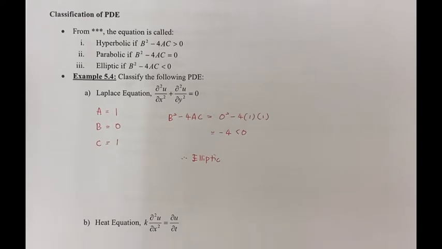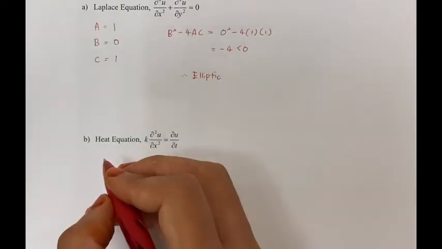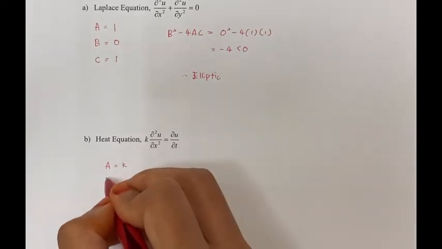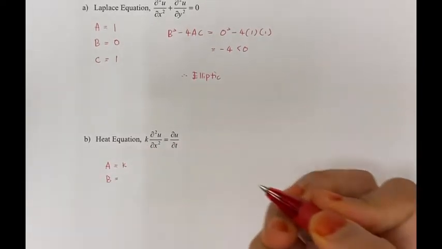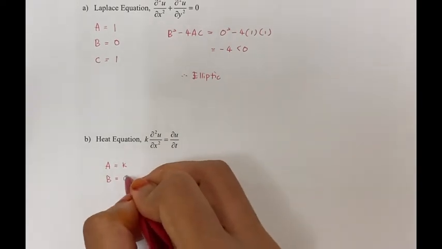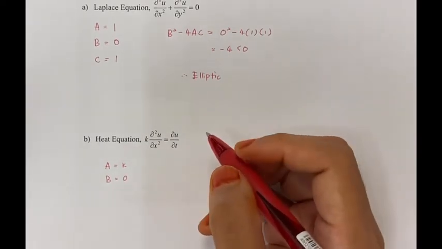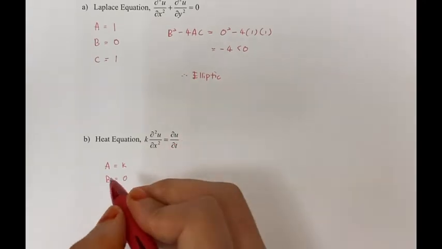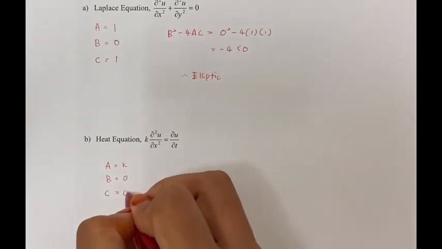Okay. And then for B, the heat equation. K del square U over del X square equal to del U over del T. So A is equal to K. B is equal to 0 because we have 0 del square U over del X del Y. And then C is also equal to 0.